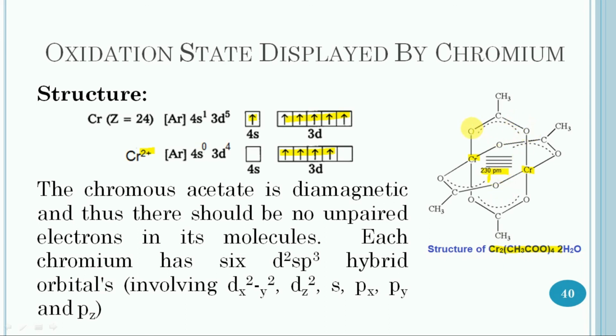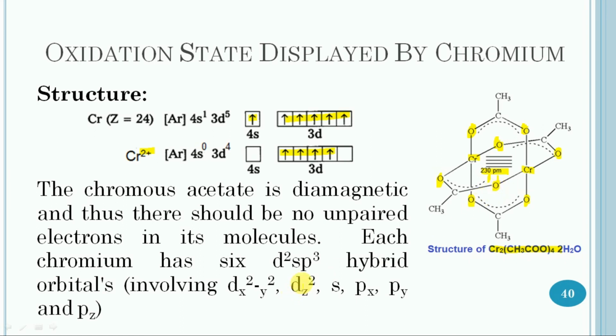So these are the 4 oxygens. Similarly for this chromium, these are the 4 oxygens of 4 bidentate acetate bridging ligands.